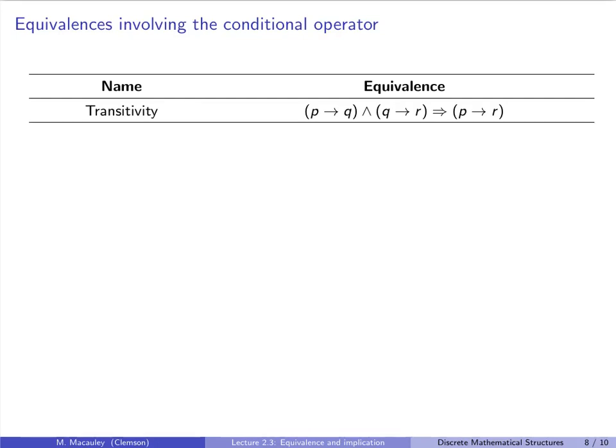Now I'm going to list a few equivalences involving the conditional operator that we have seen before, although the first one is actually not an equivalence, it's an implication. It's transitivity. You probably know it just from everyday life.